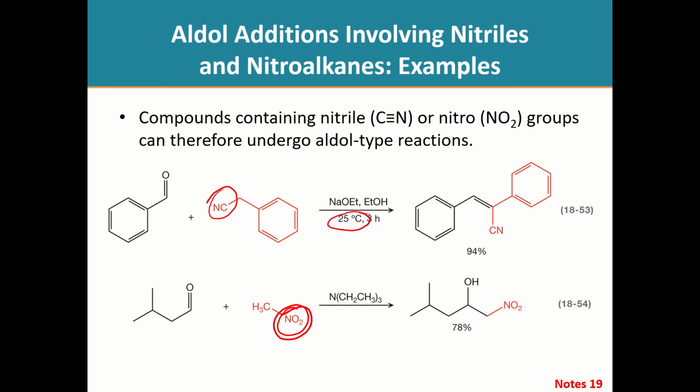But here you see that we've added some heat, not a lot, but enough that we get a condensation reaction. And that's why you see that double bond right there. Okay.